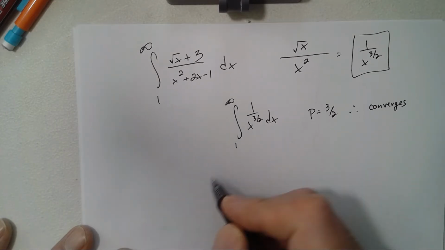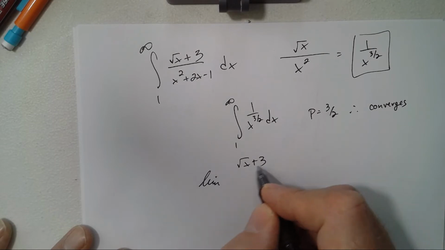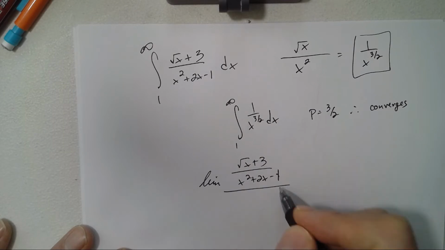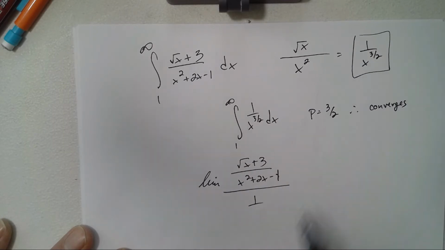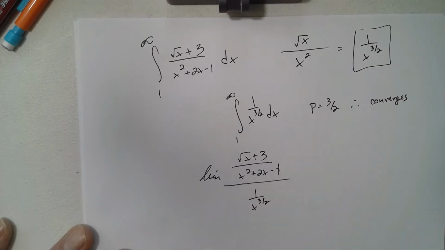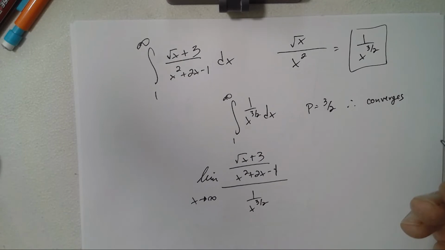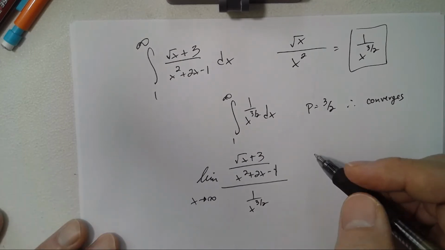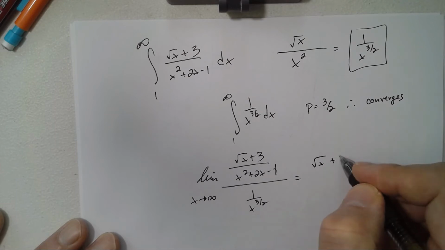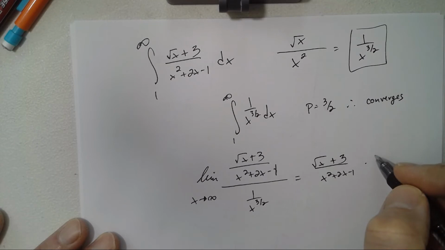So we find the limit of the original over what we are claiming to be the same. And as x goes to infinity, if we get some number, then this is going to be nasty: square root of x plus 3 over x squared plus 2x minus 1 times x to the 3 halves.